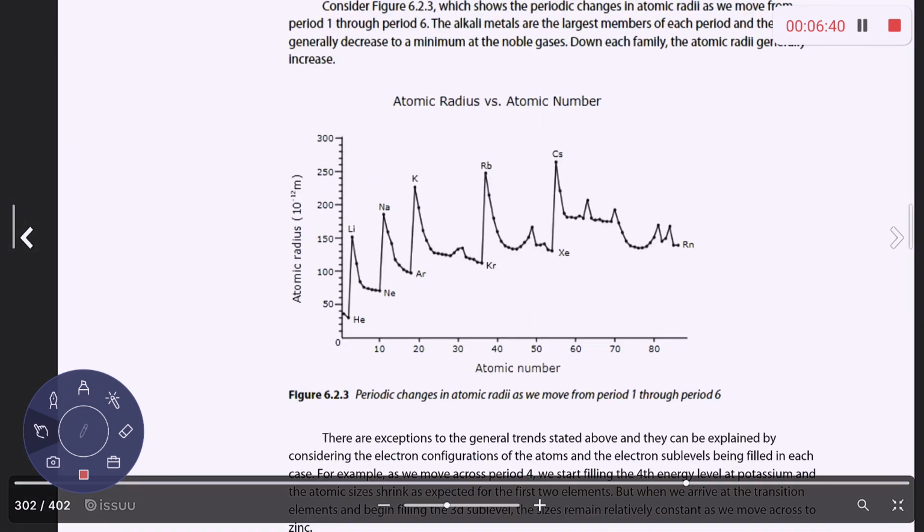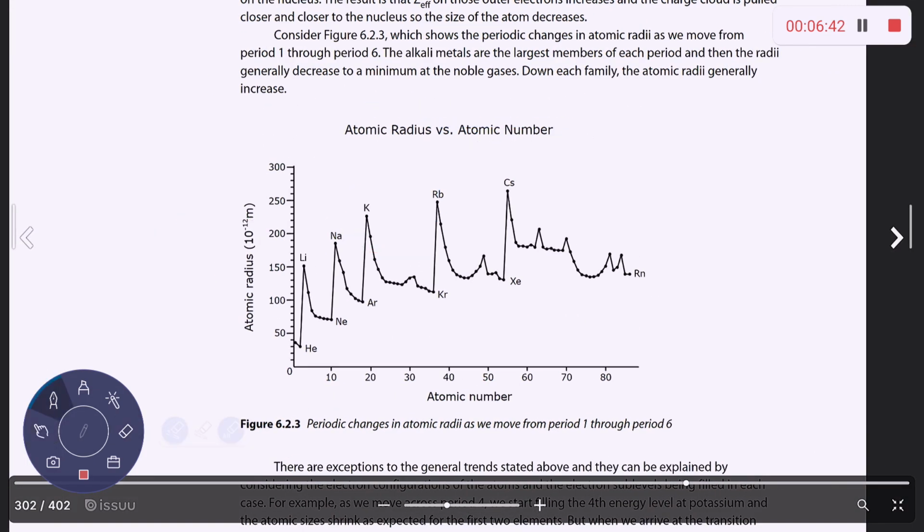This next figure is simply showing you that as the atomic number is increasing and as we move period by period, you can see a different trend in the atomic radius. Generally speaking, the alkali metals are the peaks, and the noble gases are the troughs.